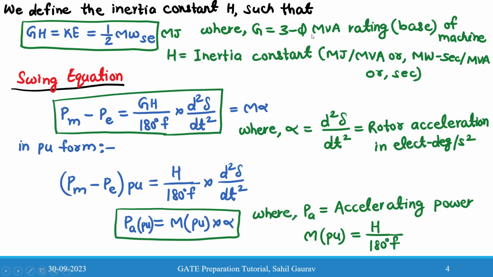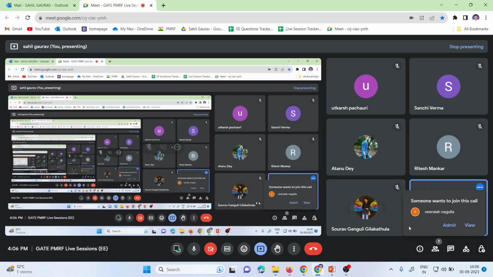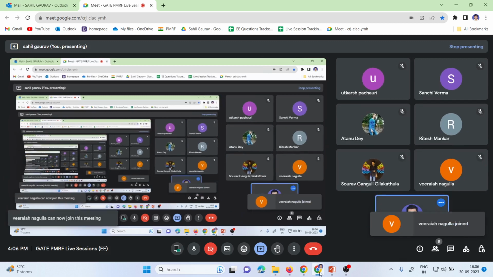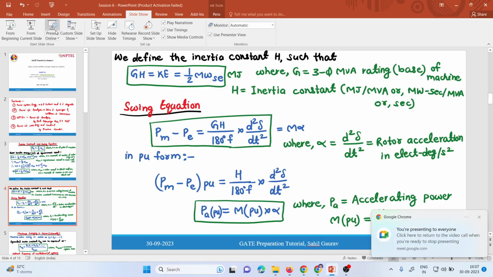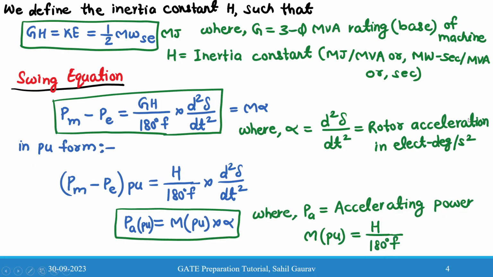So now we will define the inertia constant such that we can write G into H is equal to half of M omega E. Both are equal to kinetic energy, where G is the 3-phase MVA rating of the machine, and H is the inertia constant, and the unit for inertia constant is megajoule per MVA or megawatt second per MVA or second.